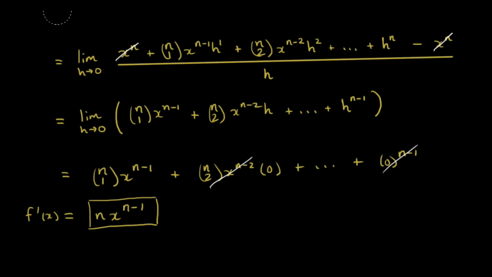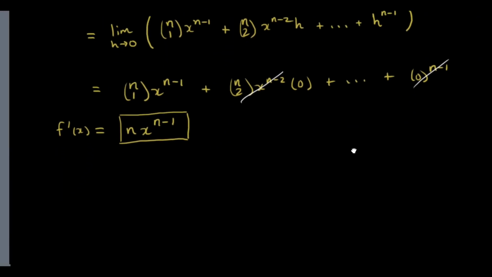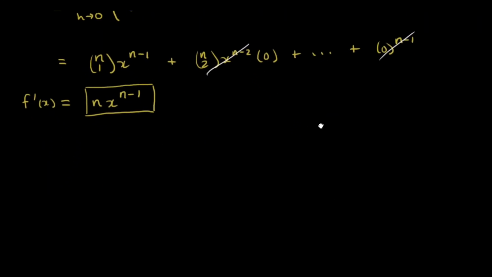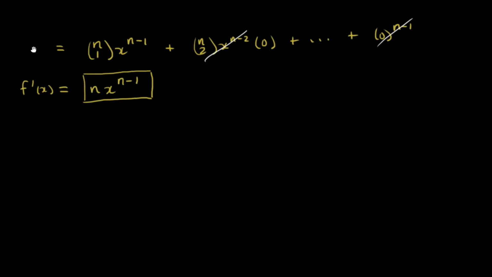It's a lot to cover in one video, but we've got an important shortcut now that we can utilize anytime we're differentiating power functions. So let's do one example. We will just say differentiate f of x, a brand new f of x, x to the power of, how about 20?